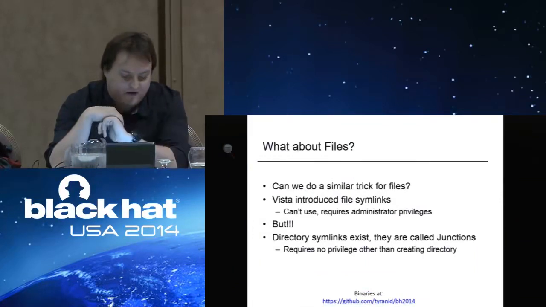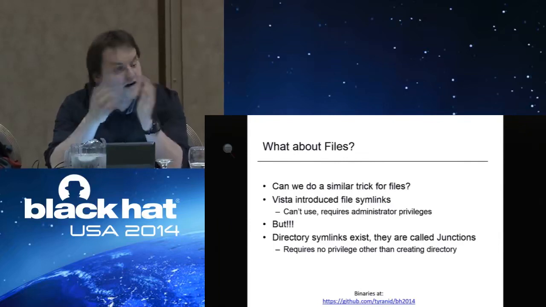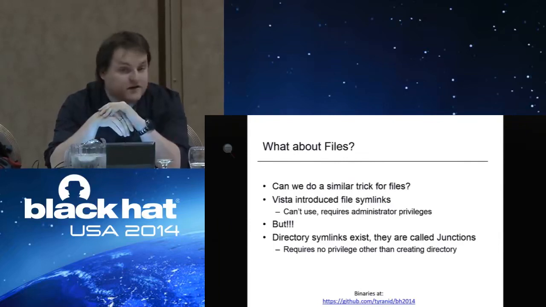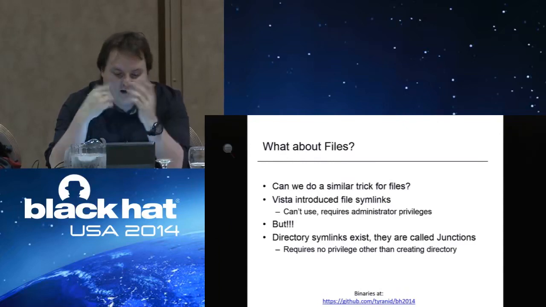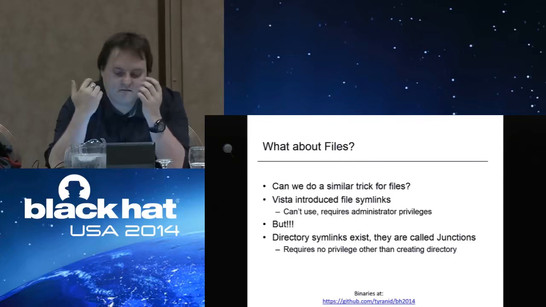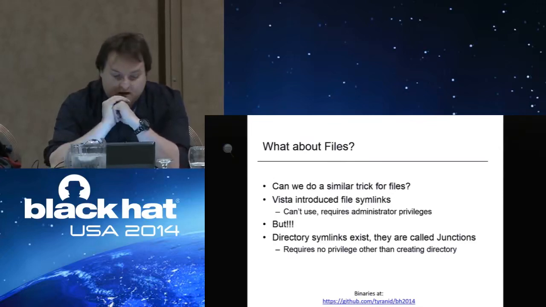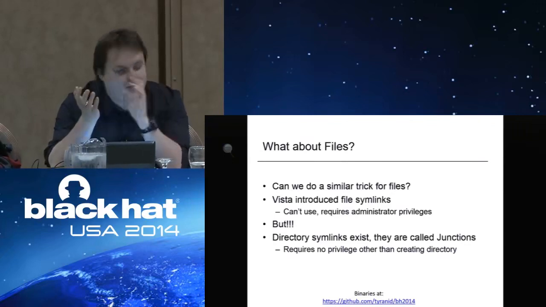So it's not just registry keys we're dealing with. Files as well are also potentially of interest. And I suppose the question here is, can we do something similar with files as we can with registry keys? Well, it turns out, sort of.